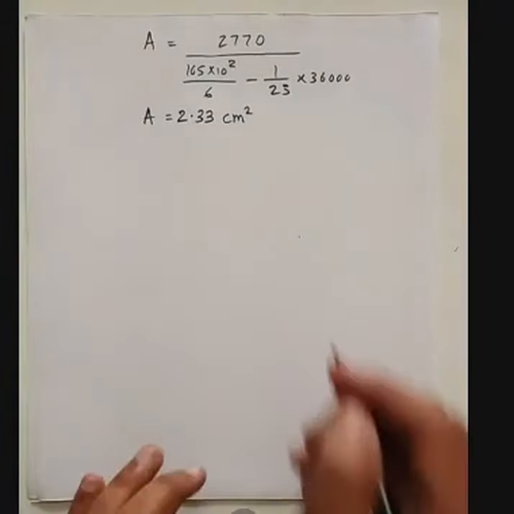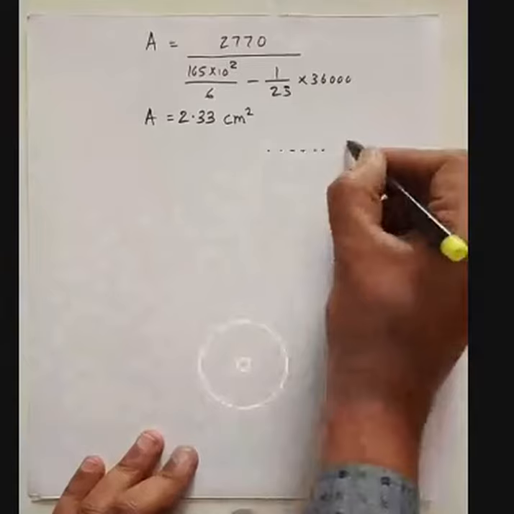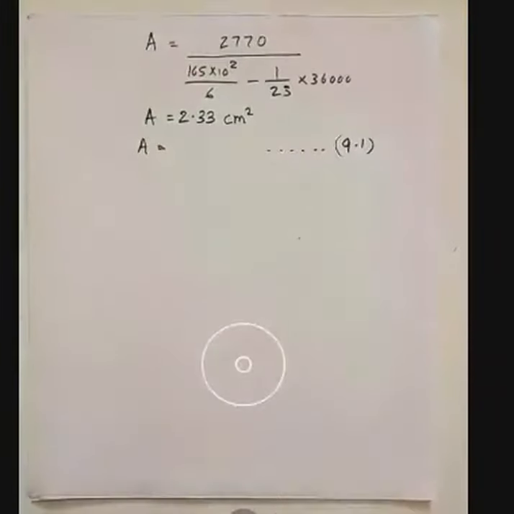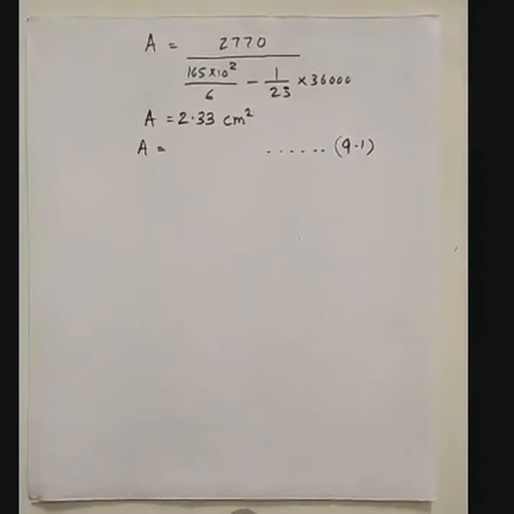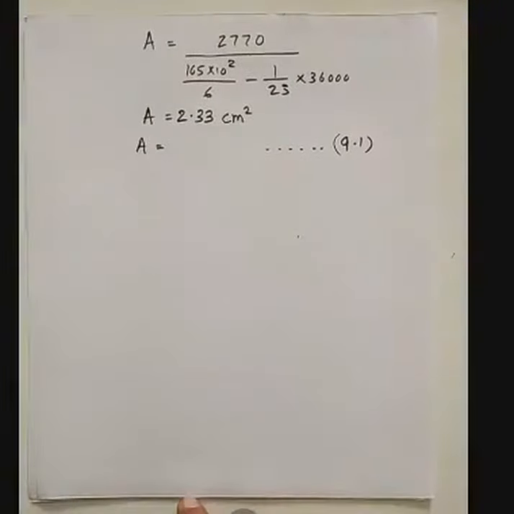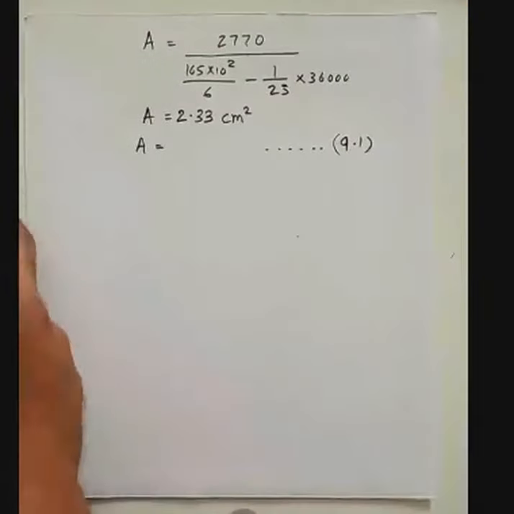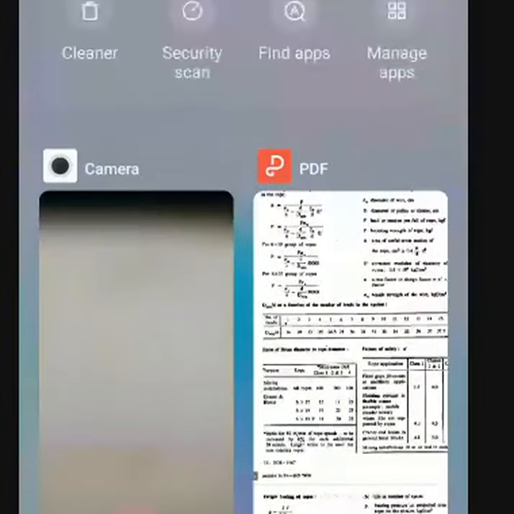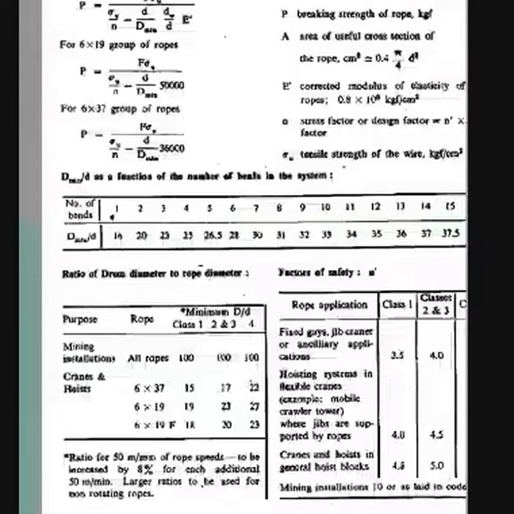Now, based on the cross-section area, you will again go to PSG 9.1 and calculate the diameter of rope. Should I go to PSG 9.1? Yes, sir. So you have got one area.